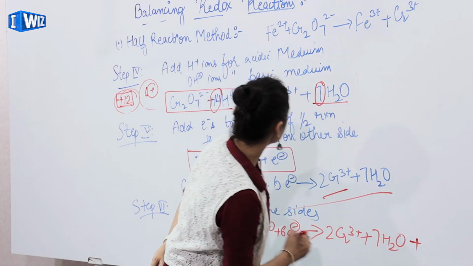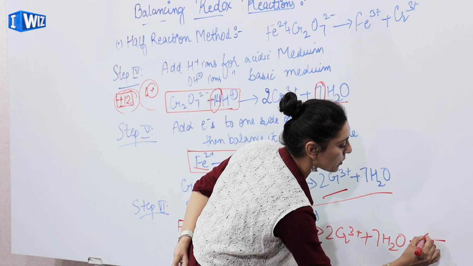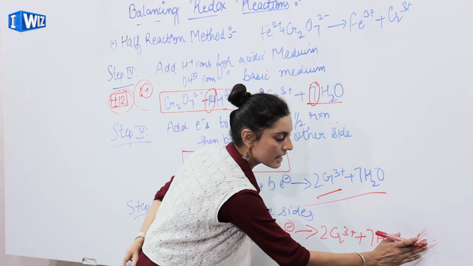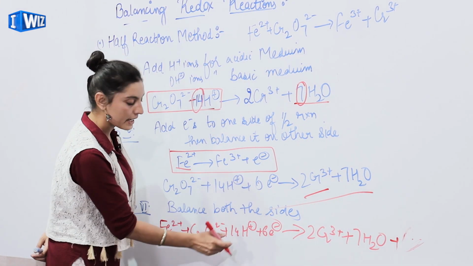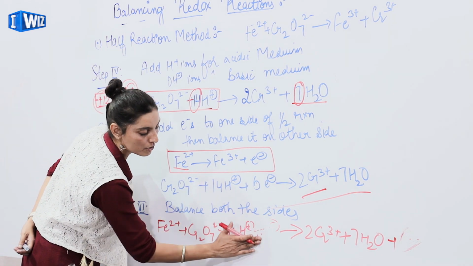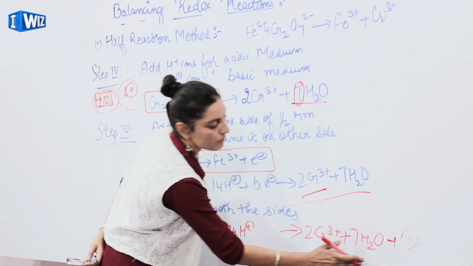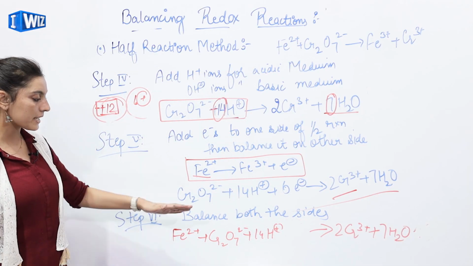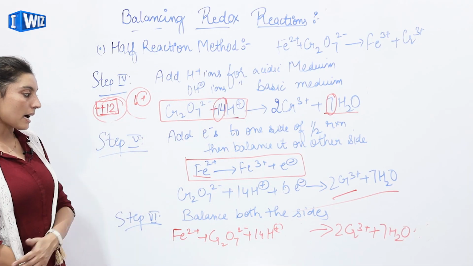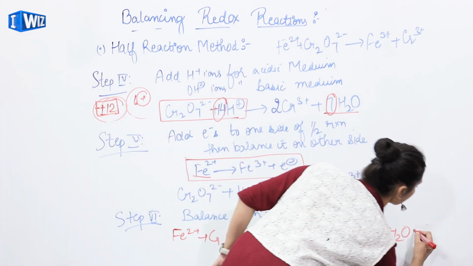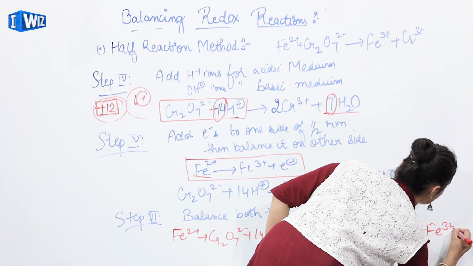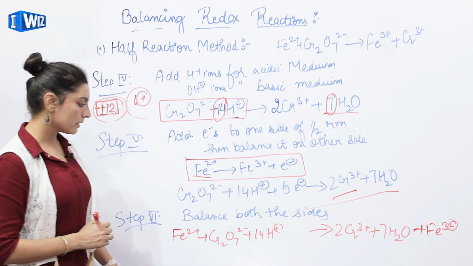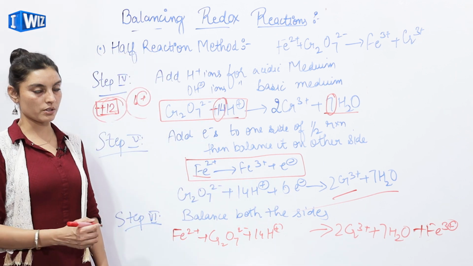And we had the number of electrons over here, that was 1. We can cancel the electrons present on this side with the electrons present over here. So this is the one which gives us the balanced chemical equation. Clear? So that is the exact chemical equation for the same. Here we are left with the Fe3 positive ions only. Is it clear? So that is the final equation.